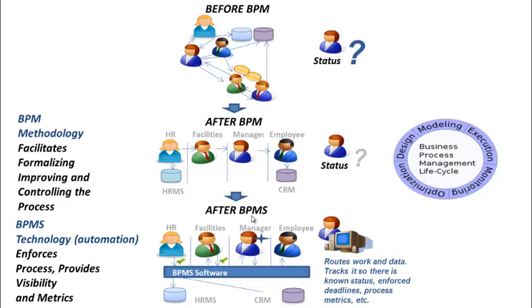So the business process management system acts as somewhat of a broker in terms of controlling and managing that work and movement of information. In addition, it can provide visibility so you can track where something is, and it provides metrics because it's keeping track of all of this information through an automatic or electronic mechanism.